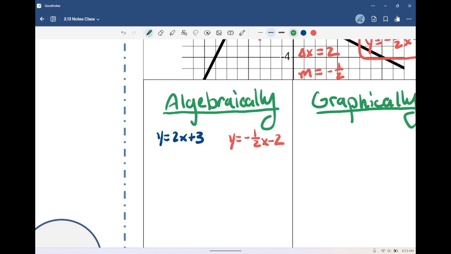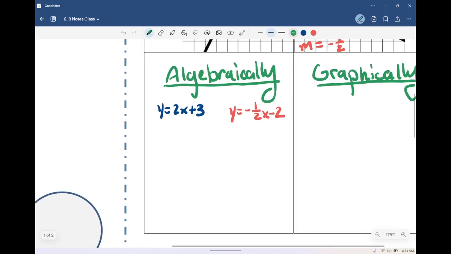Does anybody remember from last year? Gabby? Reciprocal is involved. Reciprocal is 100% involved. I'll say reciprocal is half of it. We also change the sign.